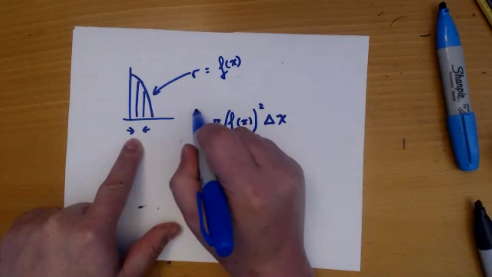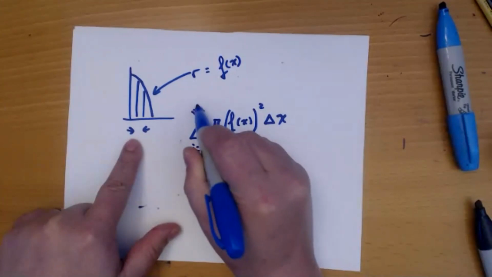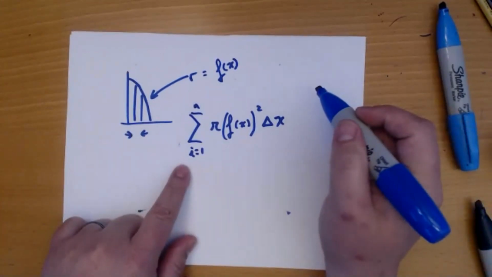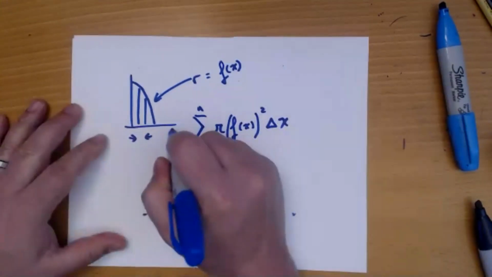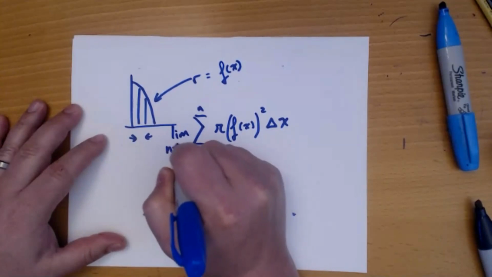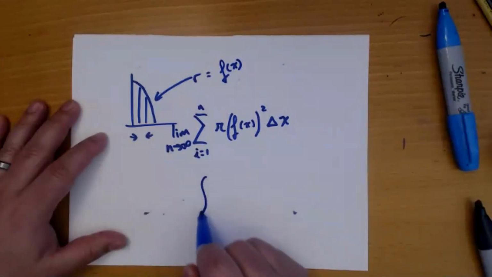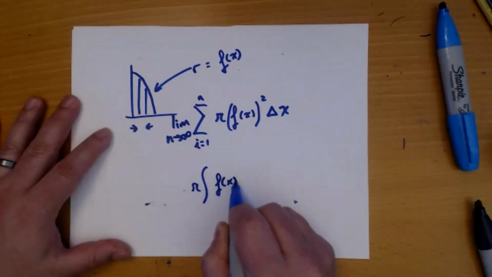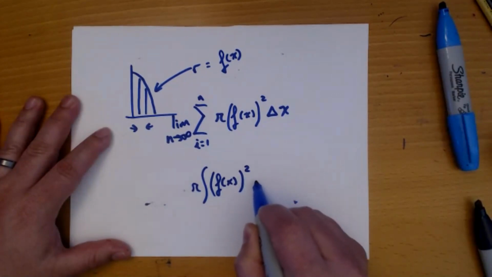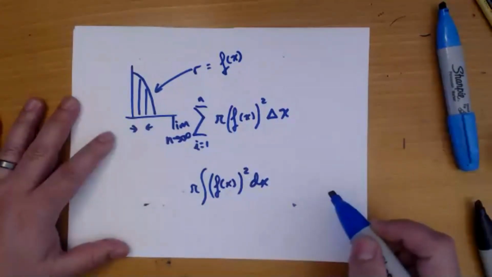Well, we're adding up all of them, right? But if we say, I want to make these guys smaller and smaller and smaller, that's taking the limit as n approaches infinity. And so we wind up with the integral. I can pull the pi out, it's a constant, of the radius squared, and my delta x gets infinitely smaller until it's just dx.